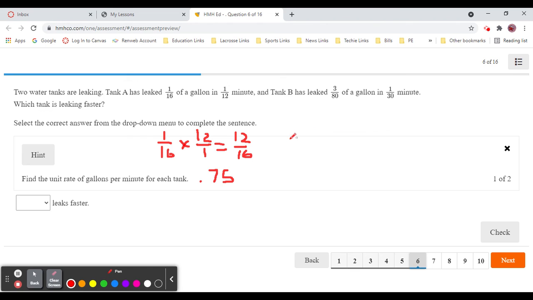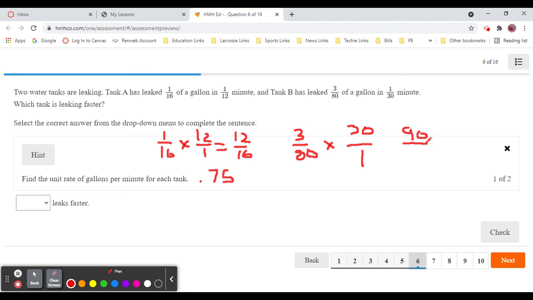Okay. All right, so this next one. So tank B, 3/80. Keep it. Change it. Flip it. 30/1. Okay. 3 times 30, that's 90. So this is 90/80.